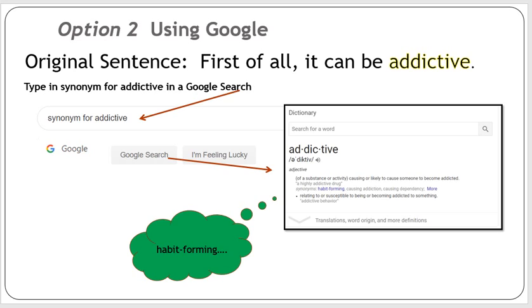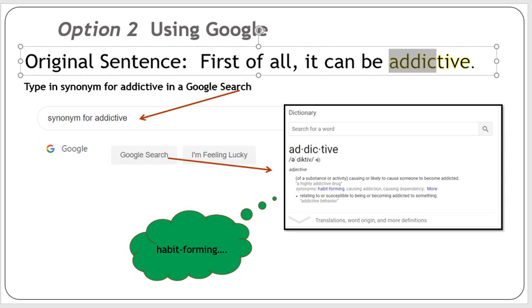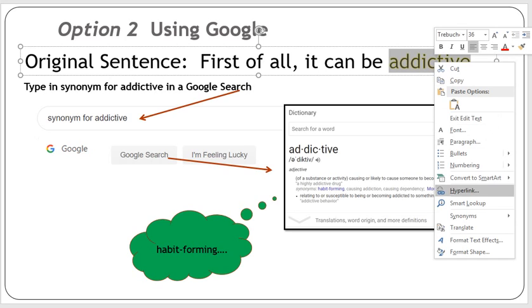Now, if the original sentence has a word like addictive, once you select the word addictive and you do a right mouse click and go to synonyms, there are no suggestions for you. Of course, you can use a thesaurus, but I find that it's easier just to use a Google search.